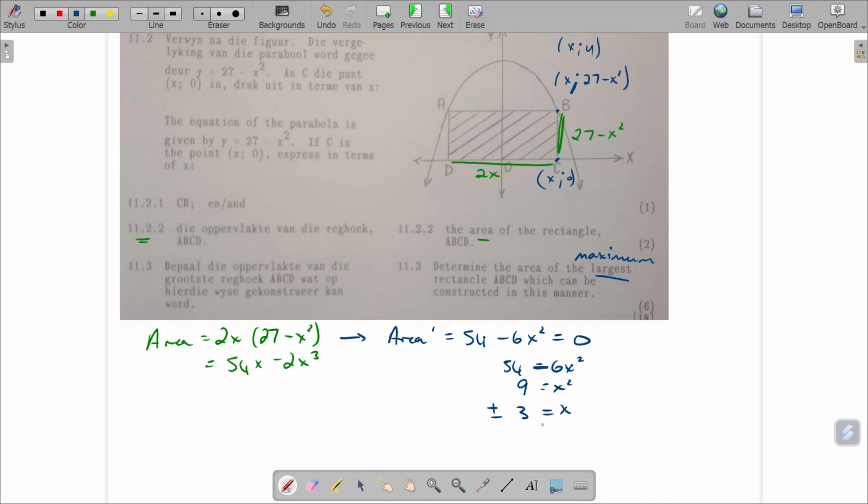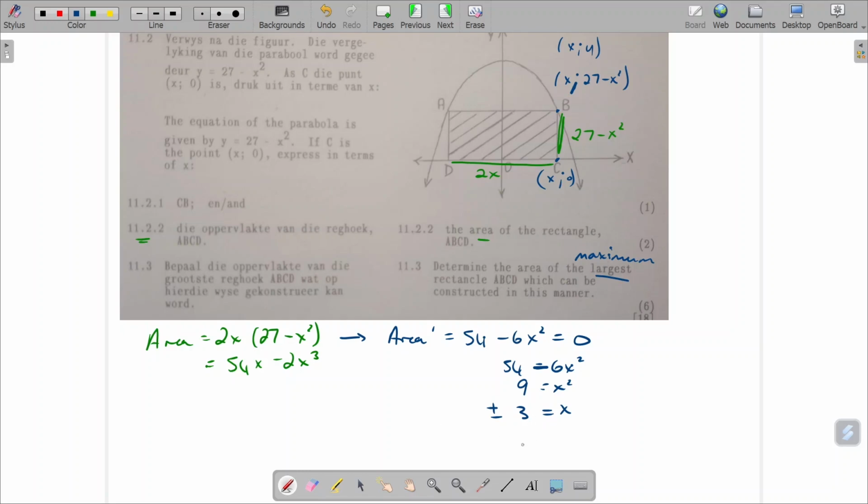so plus or minus 3 equals x. Now, because of symmetry, the minus 3 does make sense, but in many ways we would discard it, because we are talking about C being on the right-hand side here.